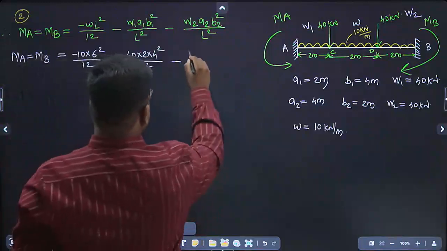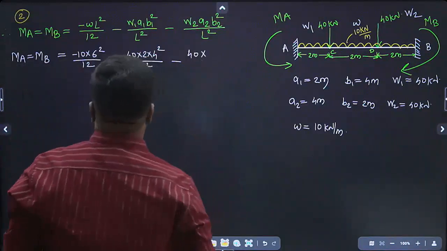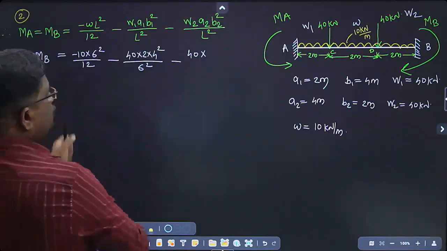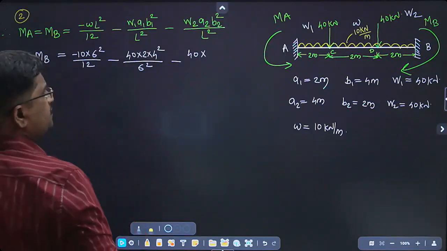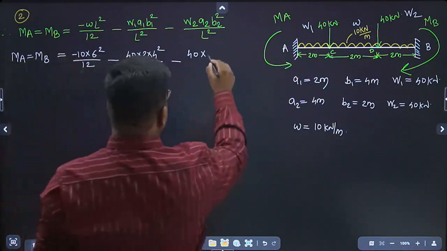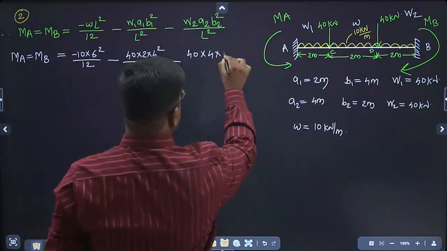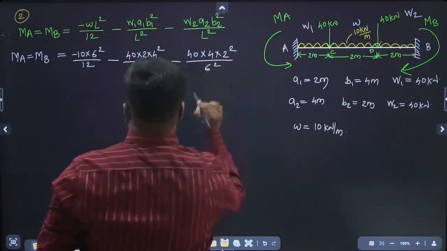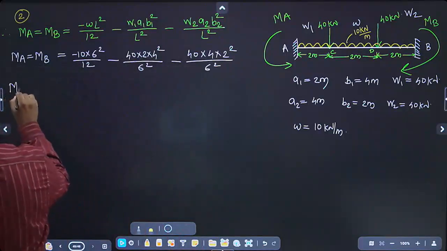W2 is again 40 and A2 is 4 and B2 is 2 square upon L is again 6 square. Now put these values in your calc and find out the answer.